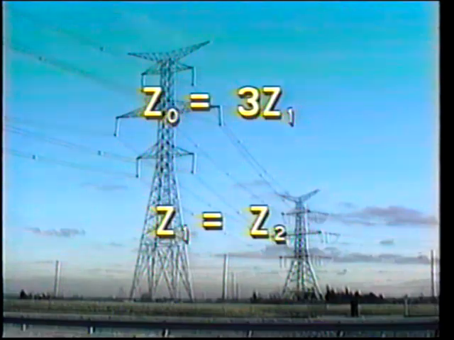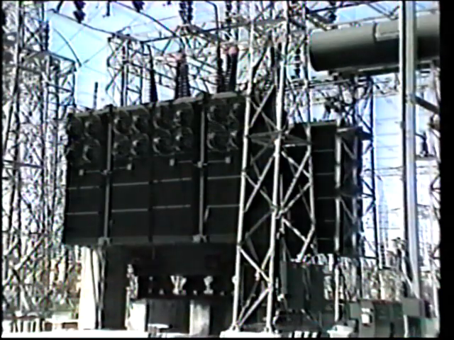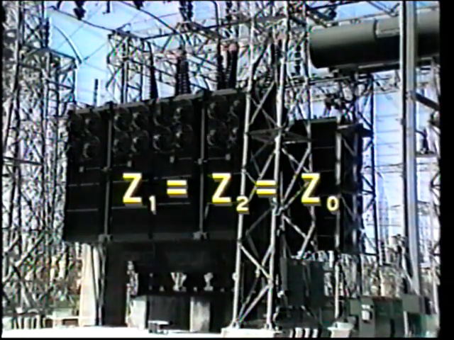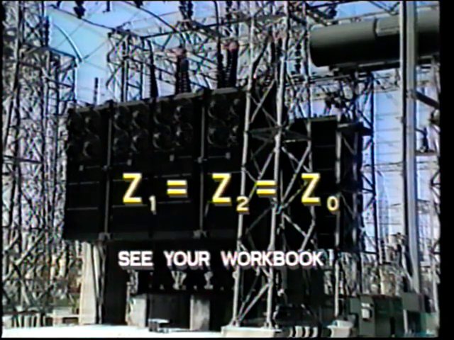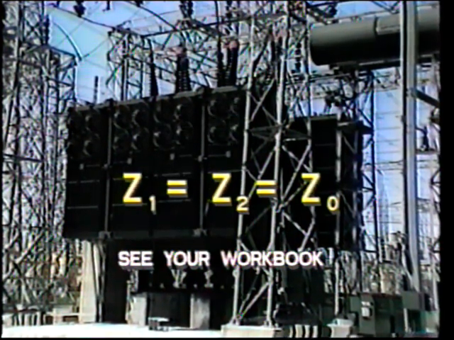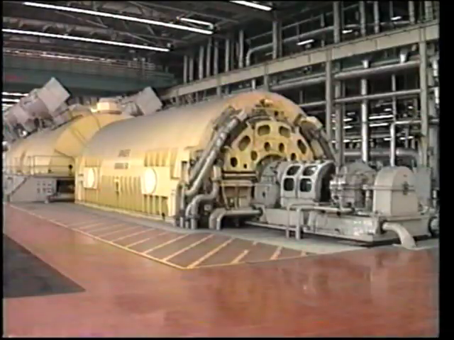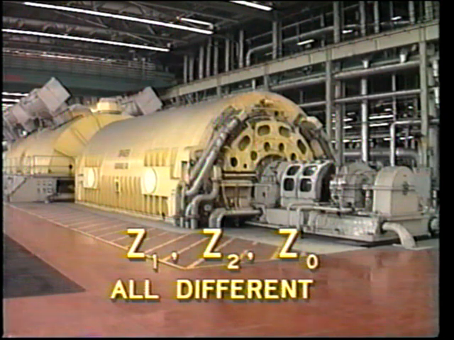Z1 equals Z2. For a transformer, all three impedances are equal. That is, Z1 equals Z2 equals Z0. For a generator or other rotating synchronous source, such as a synchronous condenser, Z1, Z2, and Z0 may all be different. These values are usually indicated on the relevant drawings and specifications.